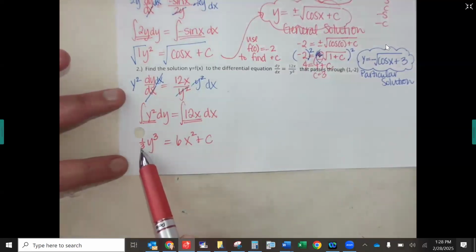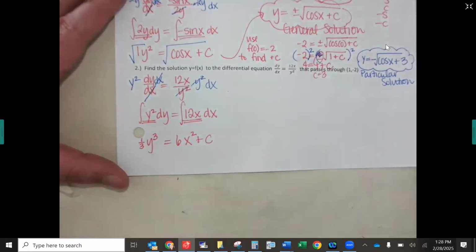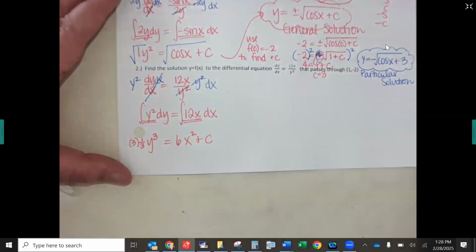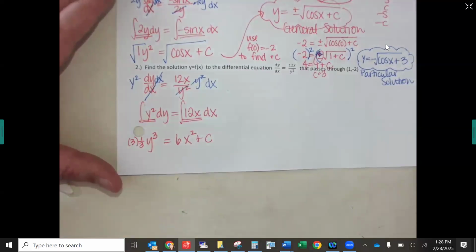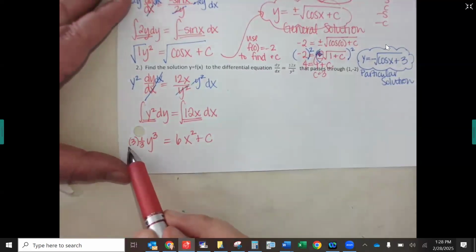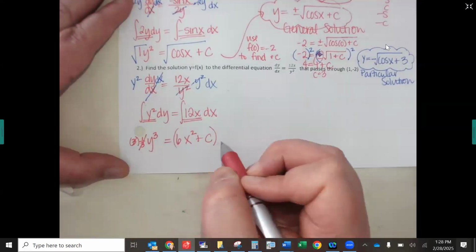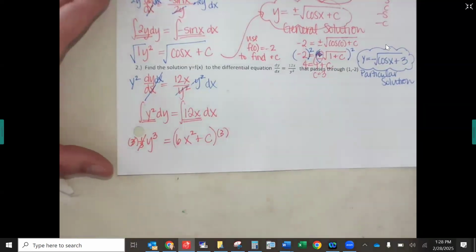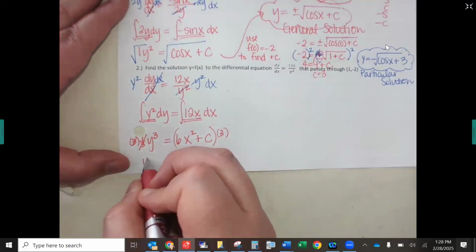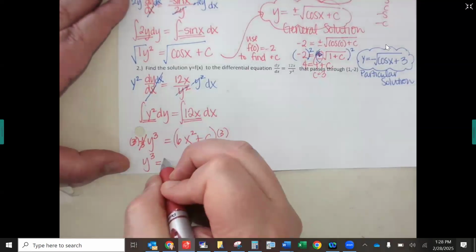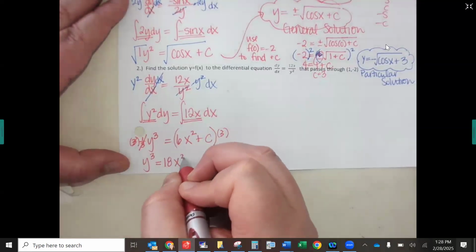Remember we want to get our y by itself. So if I have a 1/3, how can I get rid of that? Multiply by 3. When you times by 3, you really need to times by 3 everywhere. So I'm going to put a times 3 on this side, that will cross out, and then I'm going to put a times 3 on this side too. Which means that now I have y cubed equals 3 times the 6, which makes 18x squared.